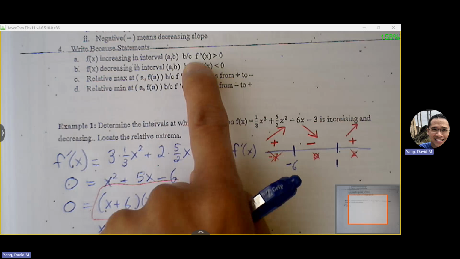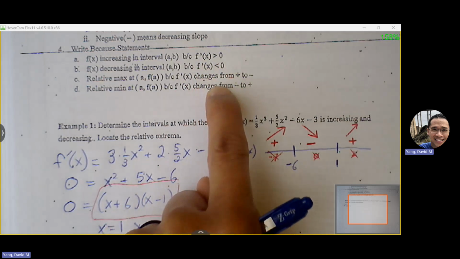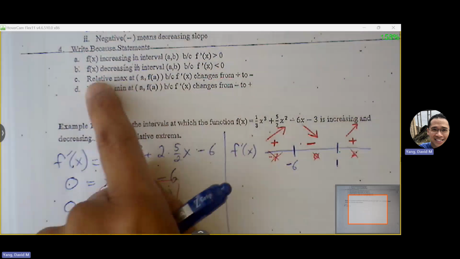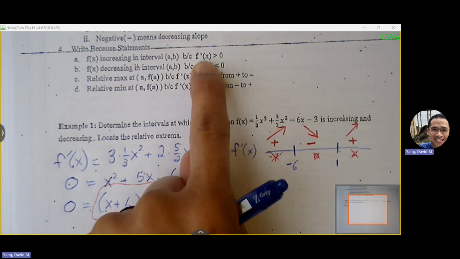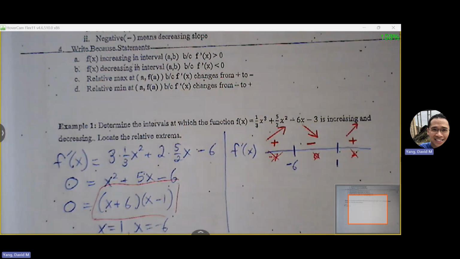We're also going to practice writing out our because statements. On your quiz and also on your test, you're going to have to write out justification. Justification is indicating with because statements why we're able to make that conclusion. Here it's because f prime is greater than 0. Make sure that you don't say words like it or graph. Those are not specific enough. You'll get points taken off on the test, quiz, as well as on the AP exam.